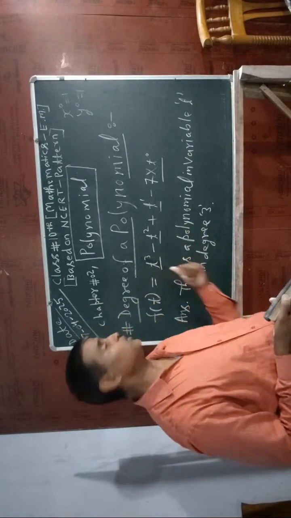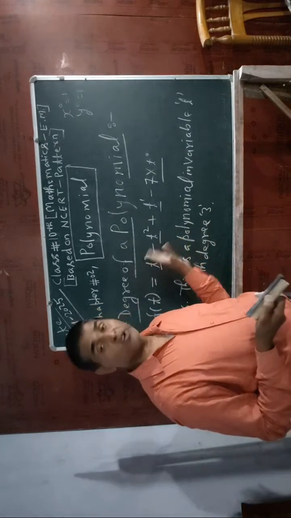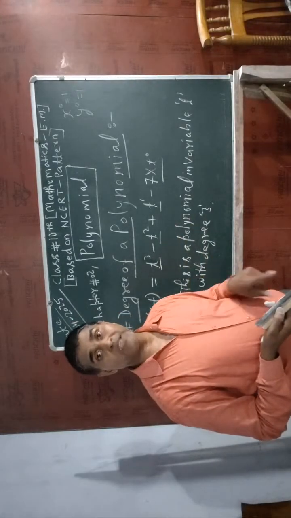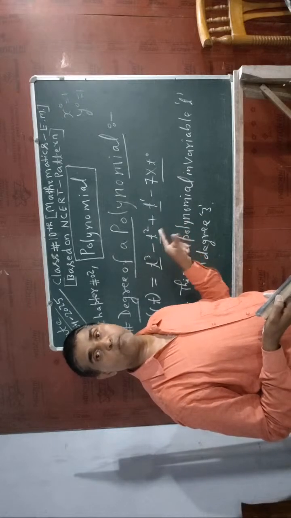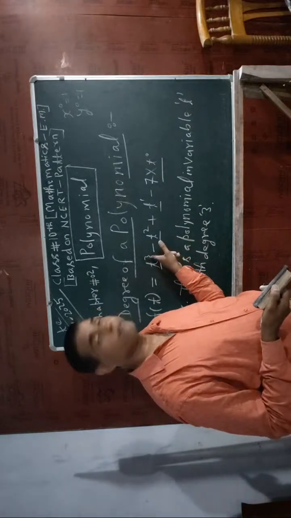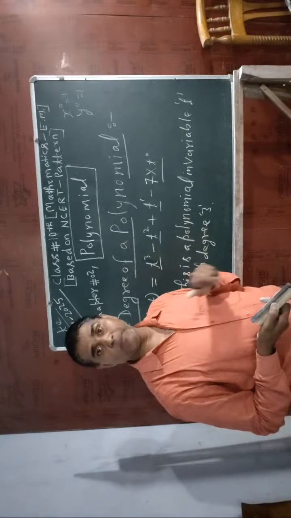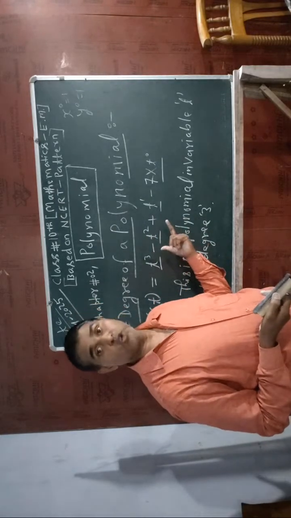I am going to give an example which is not a polynomial. If it is a polynomial, the power of the variable must be positive. I am stressing this so that you do not make a mistake. If the power of the variable is negative, it is not a polynomial.